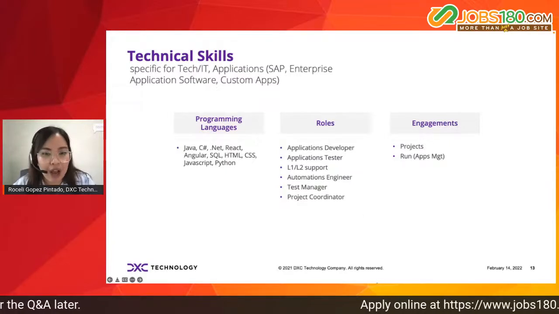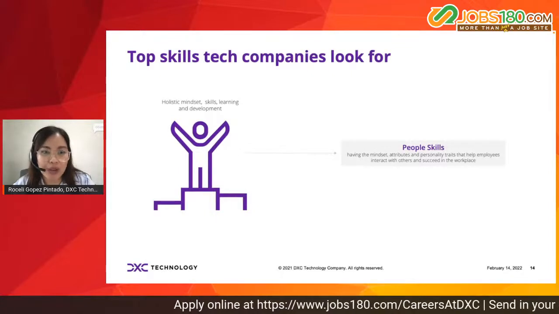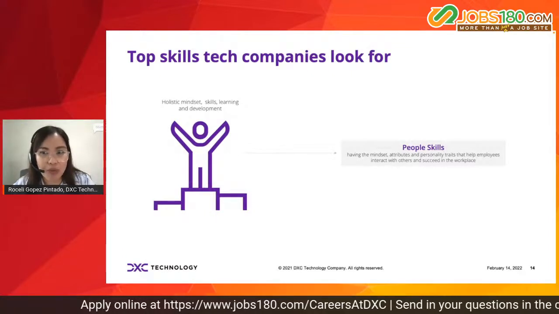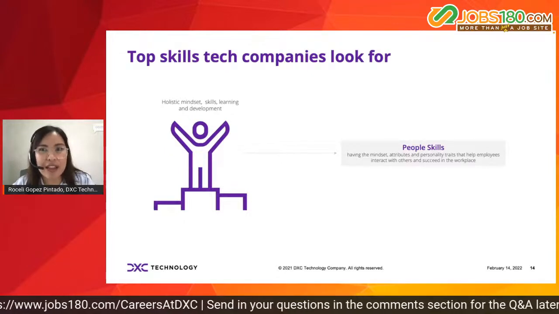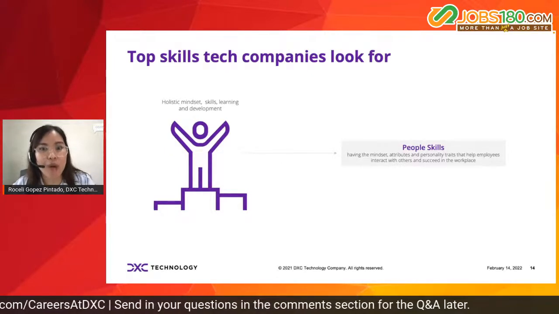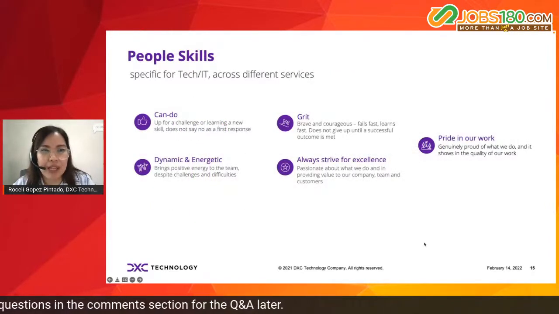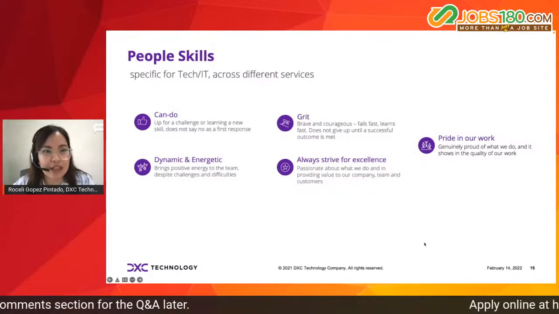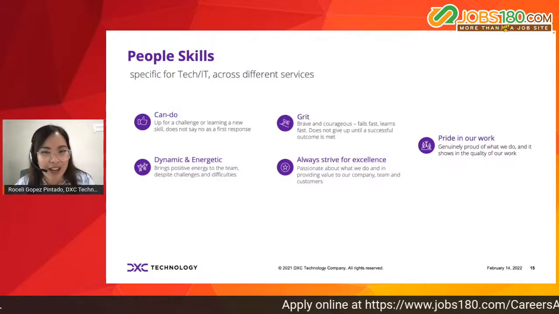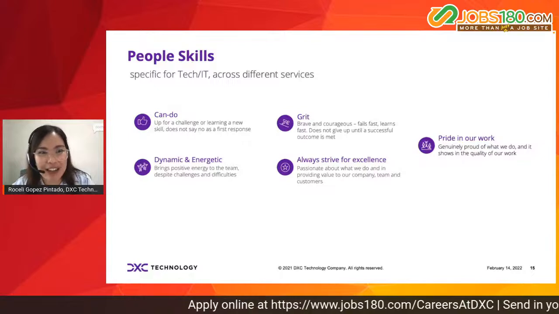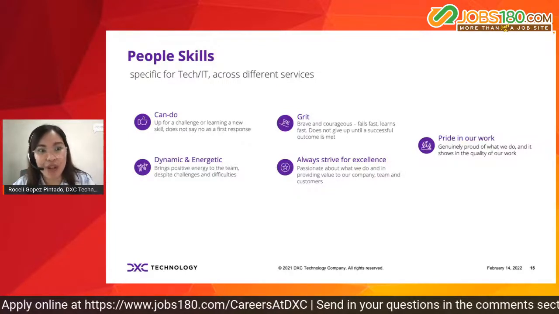Okay. So that is for tech skills. We move on to people skills, right? So as I mentioned earlier, these are the skills that you need to work with people successfully. This could be specific for tech IT because I've been working in this space since I was a fresh grad, so I can't really speak for other industries, right?